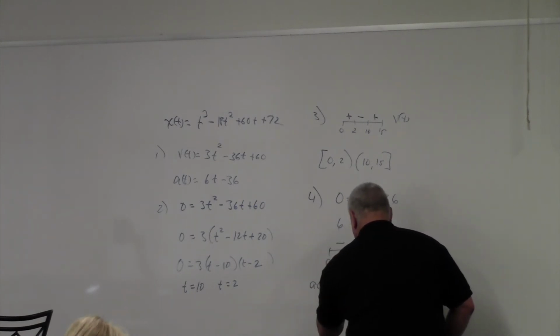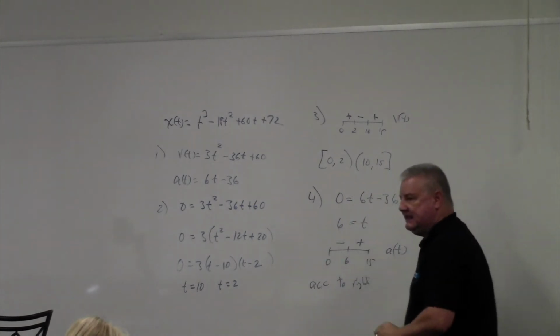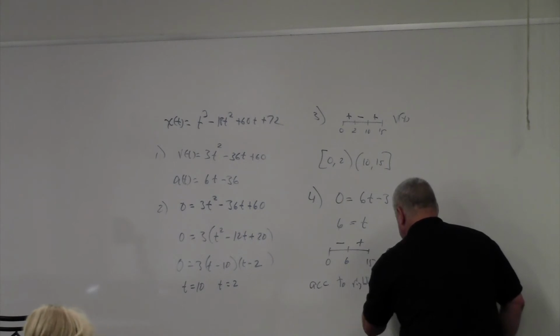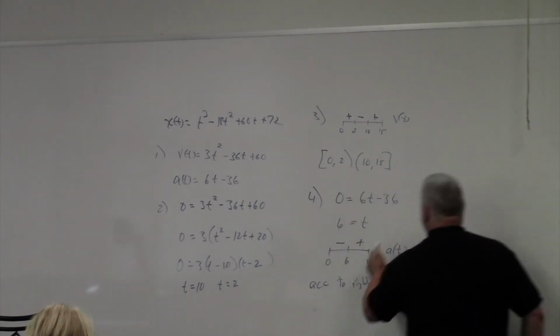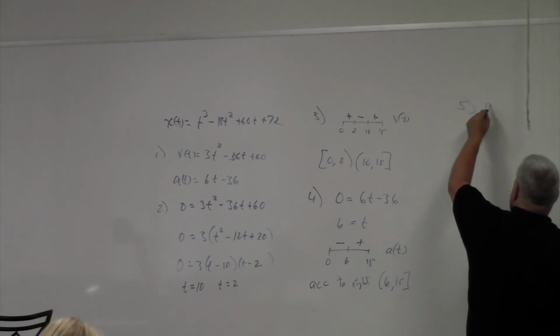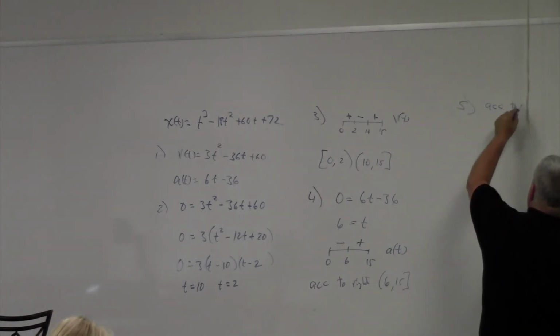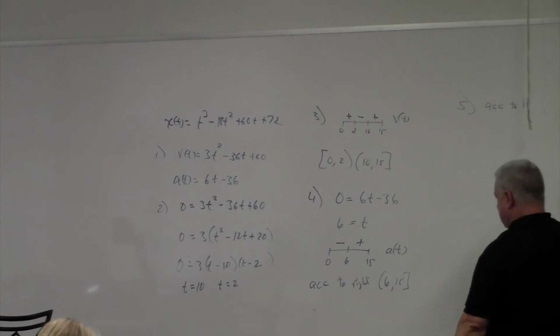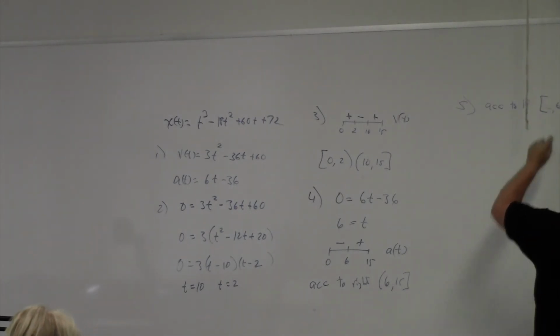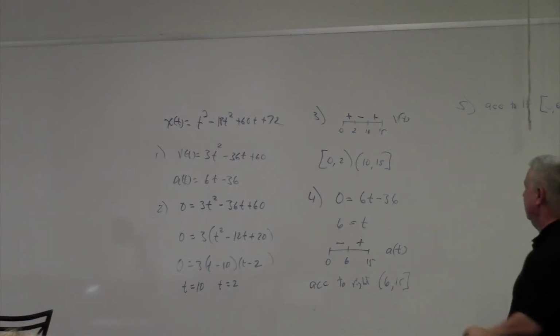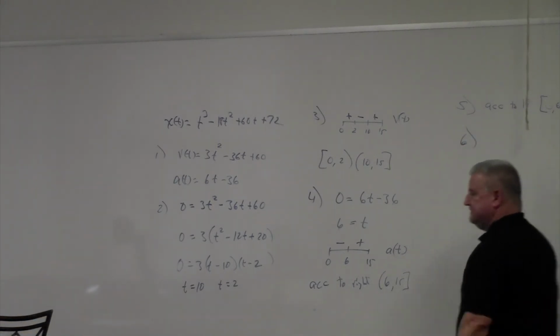To the right. All right, that is from 6 to 15. Number 5 is acceleration to the left, and that is from 0 to 6. Everybody get it?